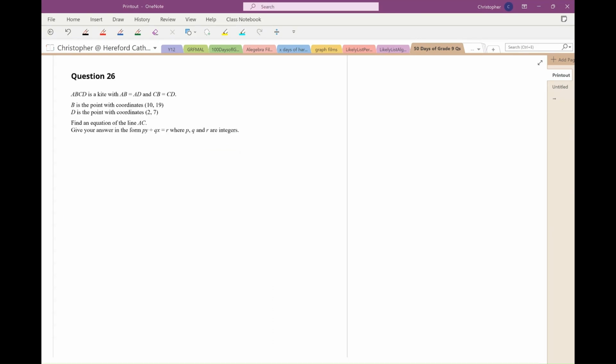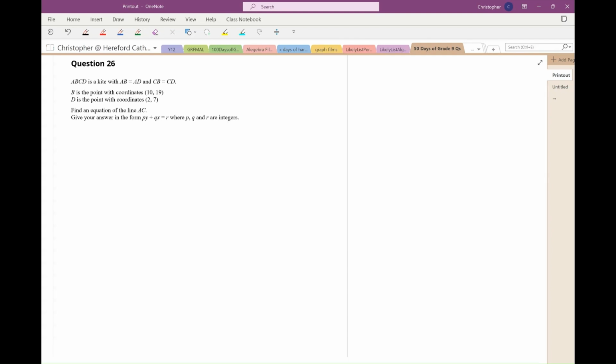Question 26. Right, ABCD is a kite with AB equaling AD and CB equaling CD. Let's draw a sketch. So we've got A here, right, so let's imagine that that's B. Down here, there we go, so that can be C, that's D. We know that AB equals AD, and we know that CB equals CD.